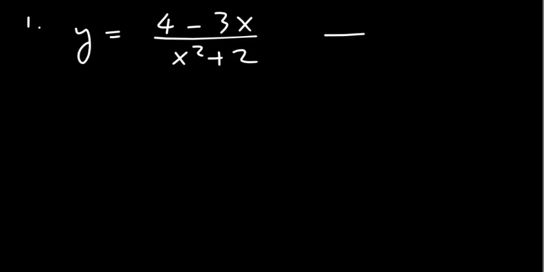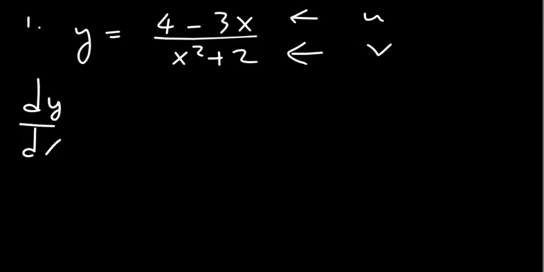Let's try to differentiate this particular form of y. So the top function, the numerator, is u, and the denominator can be taken to be v. So according to the quotient rule, dy/dx equals, first let's differentiate u with respect to x, and that's going to give you minus 3. Differentiating 4 minus 3x with respect to x is minus 3.